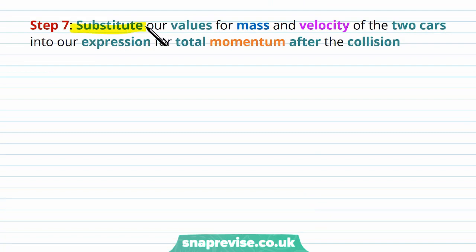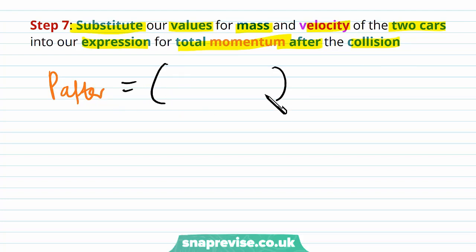Step 7 is to substitute our values for mass and velocity of the two cars into our expression for total momentum after the collision. So the momentum after is going to be given by the sum of the masses, that's 1600 kilograms plus 1400 kilograms, multiplied by their common velocity v.